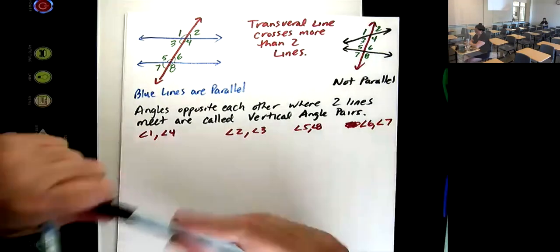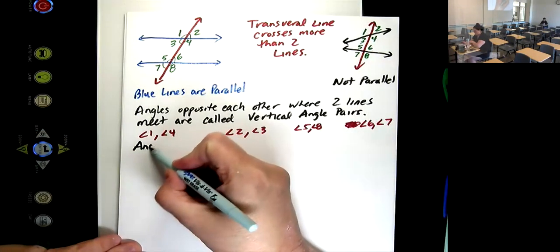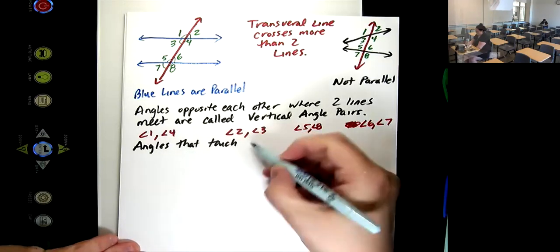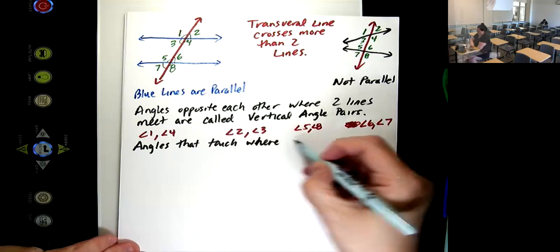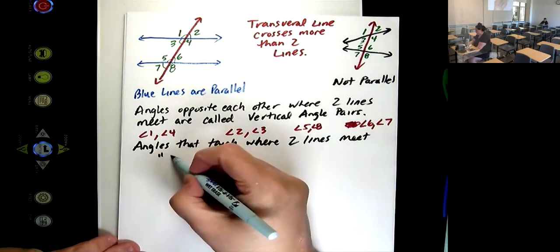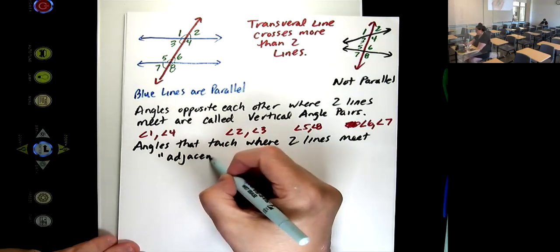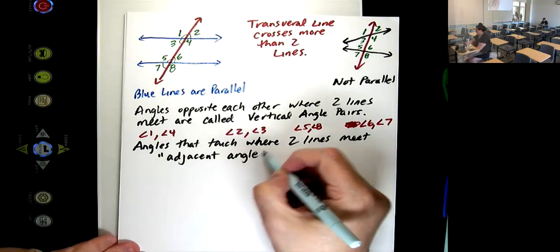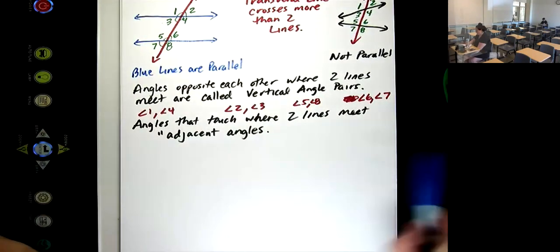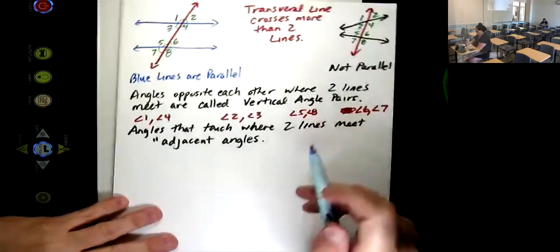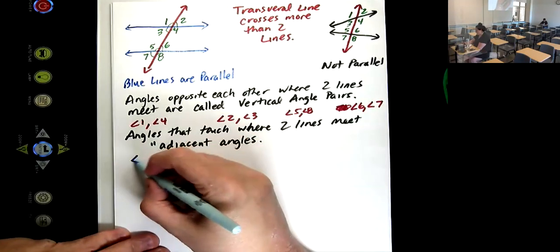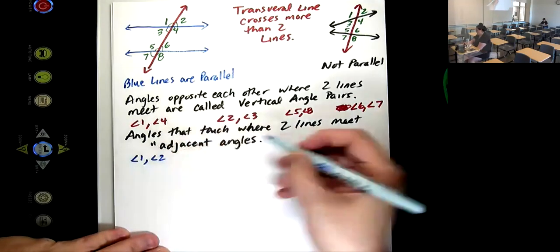Angles that touch where two lines meet are called adjacent angles. So just focusing on the first 4, angle 1 is adjacent to angle 2.